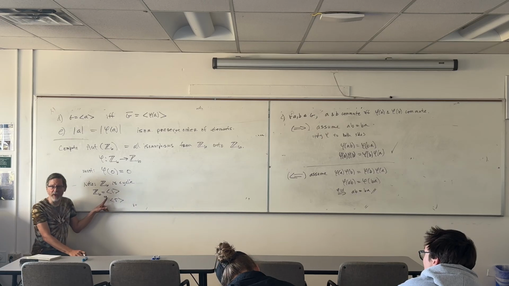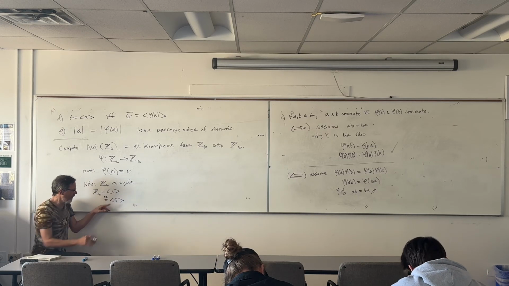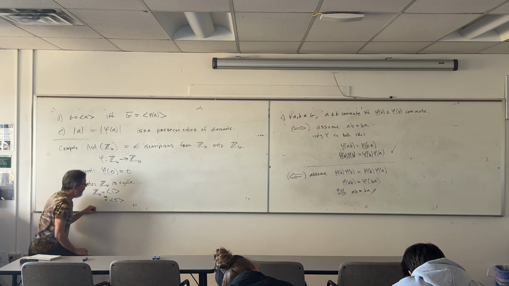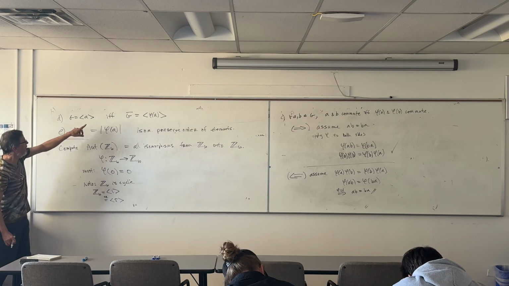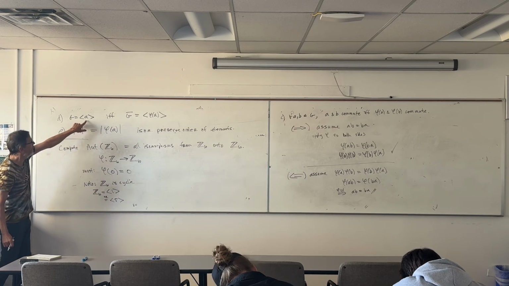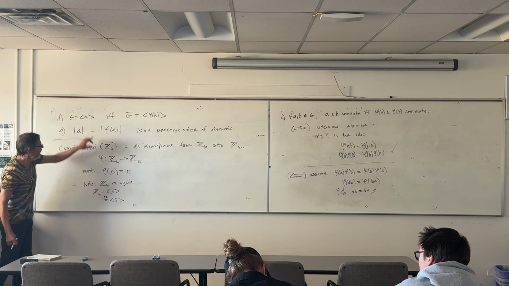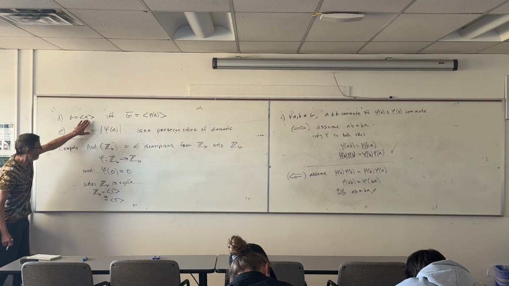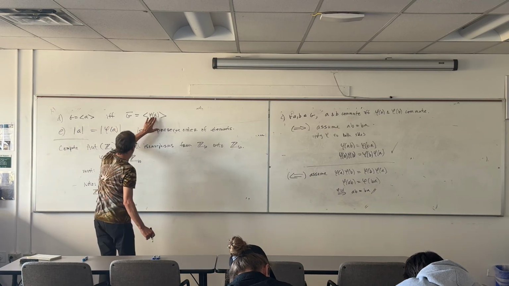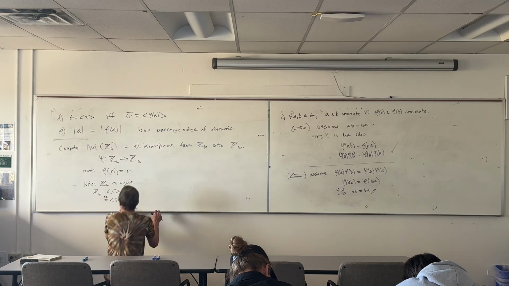Because those are the only two relatively prime to 6. Anything else is going to get you a little subset of that. So what I have to do now is come up to this guy here and make sure that I've got a generator here, and the image of it should generate over here.